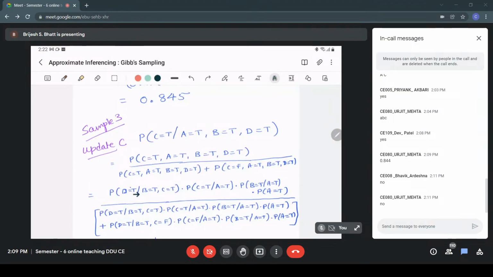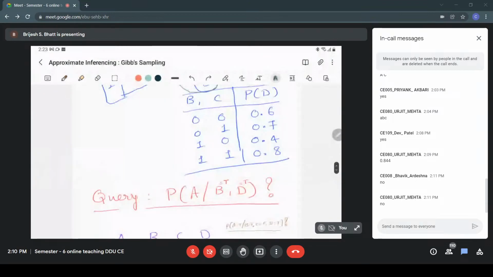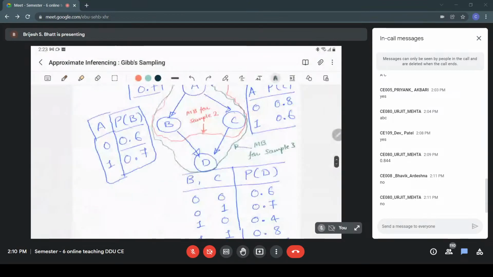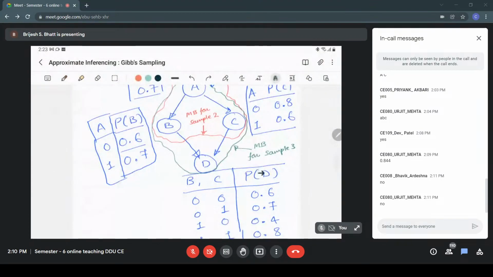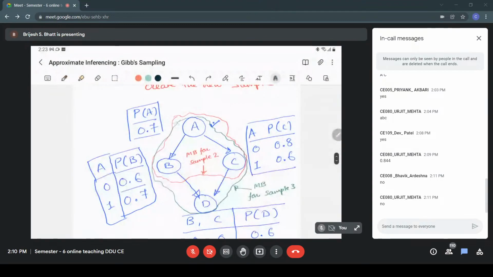You need to put in the values from the conditional probability table. The values are already given in the table. If you have forgotten, I can show you the table. The table is here: the table of B, C, probability of D, probability of B, probability of C, and probability of A.